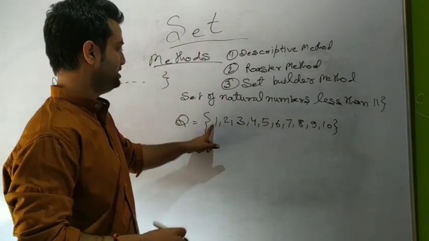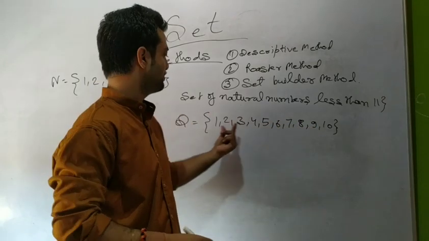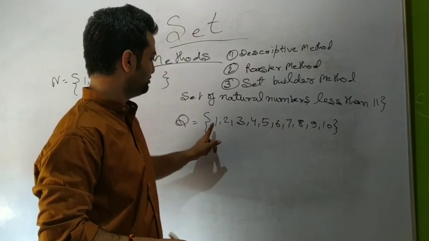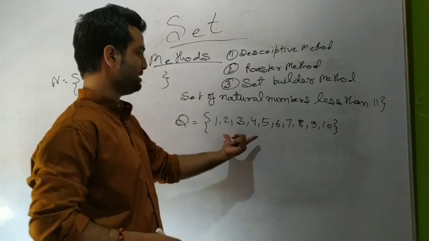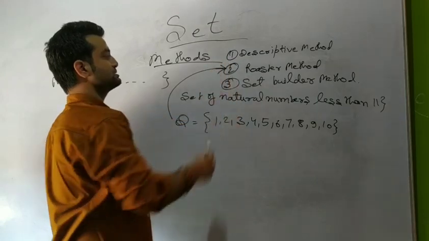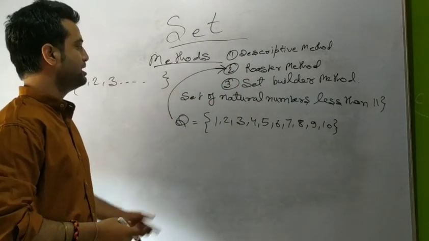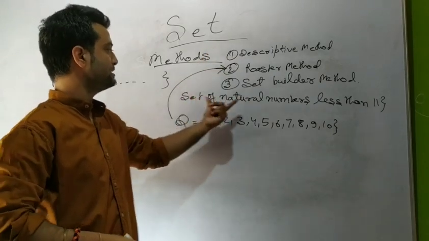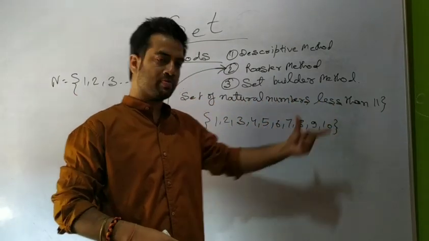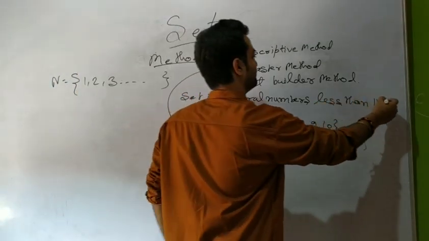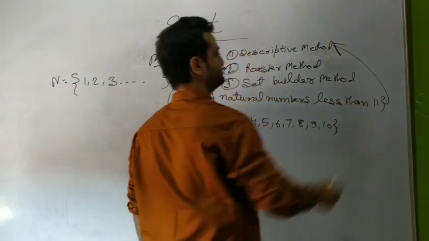When we write each and every element with the help of commas in curly brackets, then this is called the roster method. And when we describe it in words, like the set of natural numbers less than 11, then it is the descriptive method.